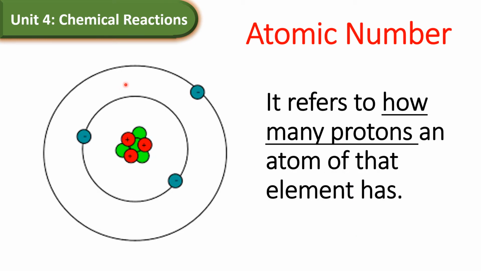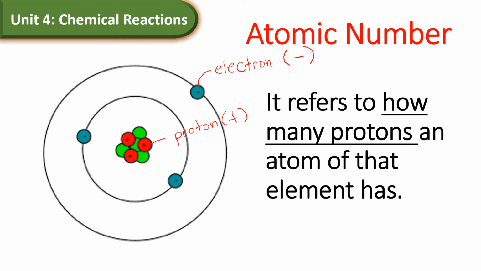Just in case you forgot what protons are: speaking of your atom, which is the smallest unit of any particle, it has three components. The first one is the electron, which has a negative charge. Next, we have this red circle, which is what you call your proton, which has a positive charge.